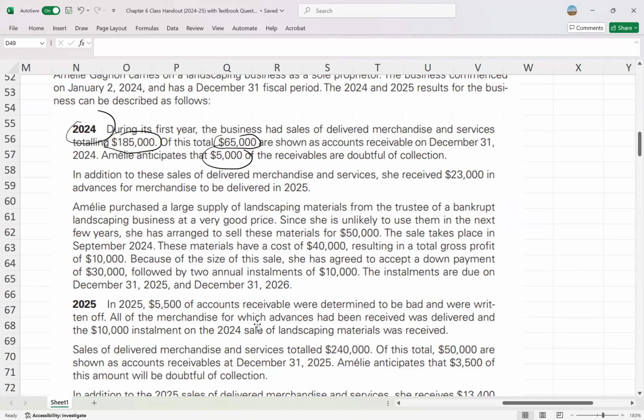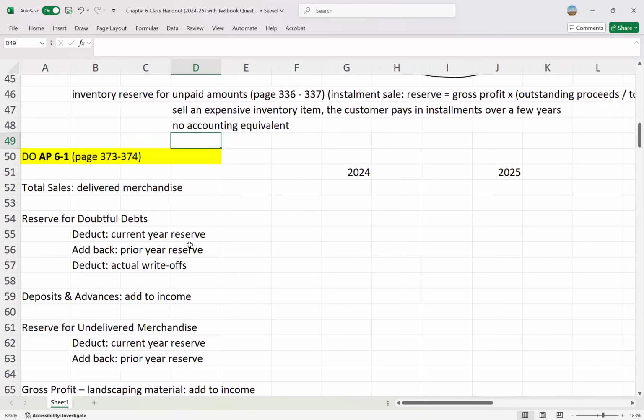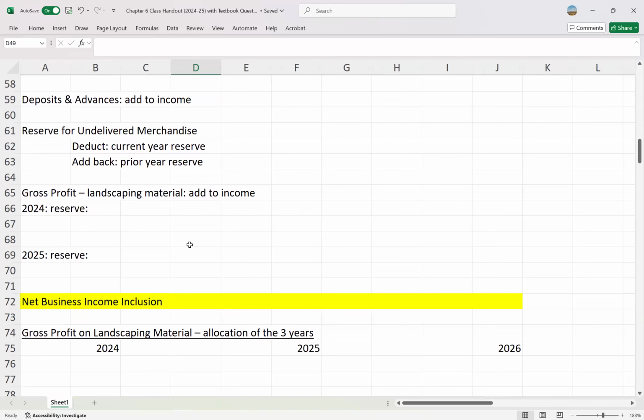That's that bad debts expense. So based on that first paragraph, we're going to look at the 2024 column. Again, what we're trying to do is figure out what is her net business income for 2024 and then 2025. So that 185,000 of delivered merchandise and services, that would be included in her business income.